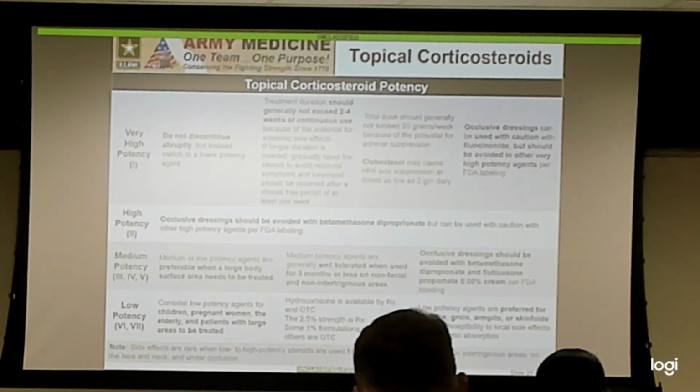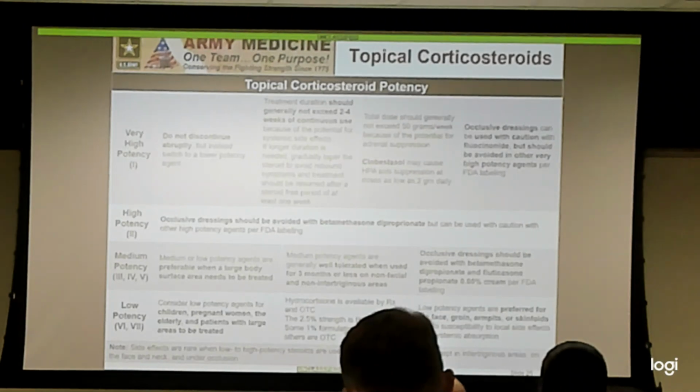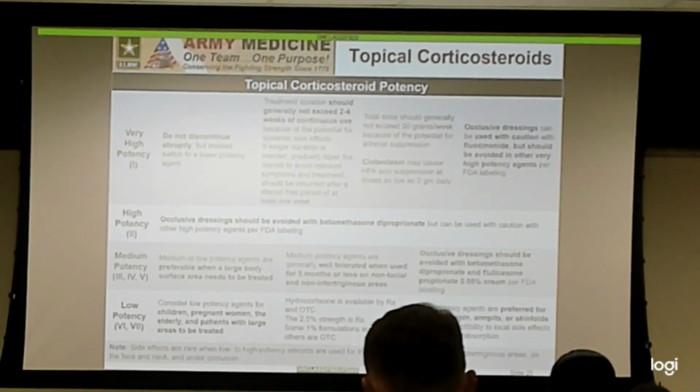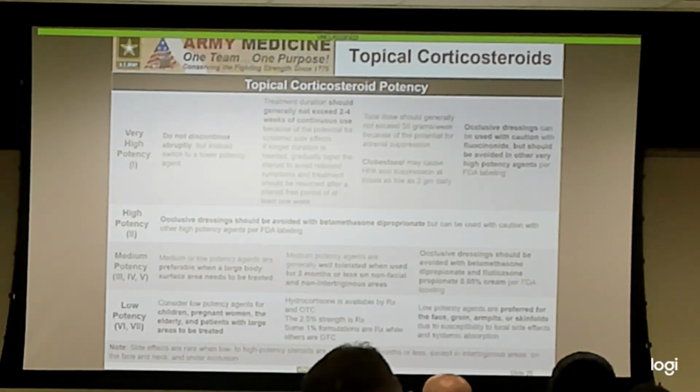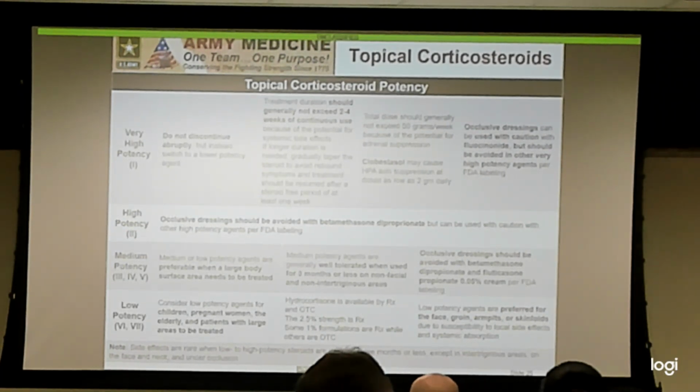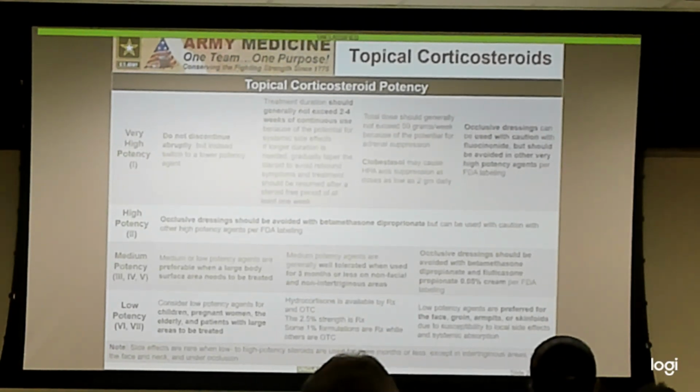Okay, so don't occlude those in our medium potency. And then when you're looking at the duration, you see that we can use these for a longer period of time, right? So well tolerated for 3 months or less. And then when we're talking about our low potency, I just kind of went over it, but our kids, elderly patients, pregnant women, anyone where we're trying to limit our exposure, large body areas, okay?